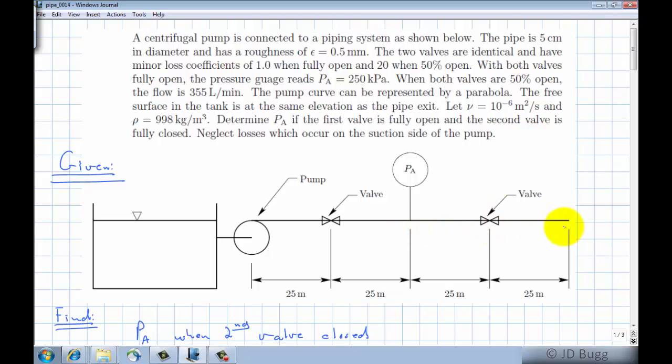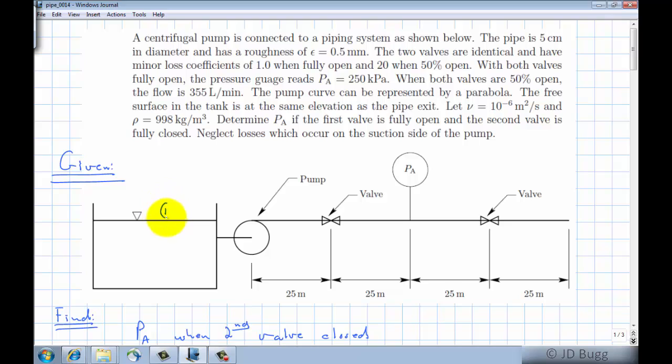And we know the length of the pipe, we know the minor loss coefficient for that valve, so we should be able to figure out the flow rate from that information. So that's what we're going to do. We're going to first of all just look at this segment of the pipe to figure out the flow for that operating point 1.